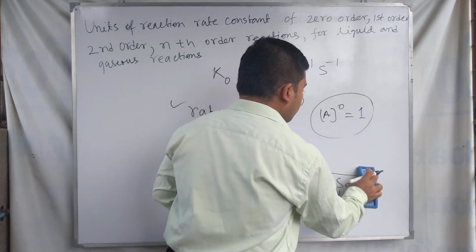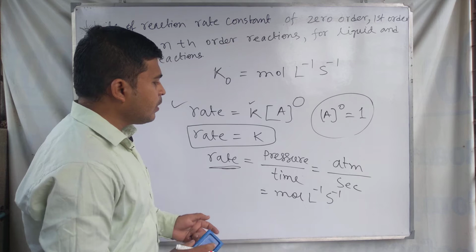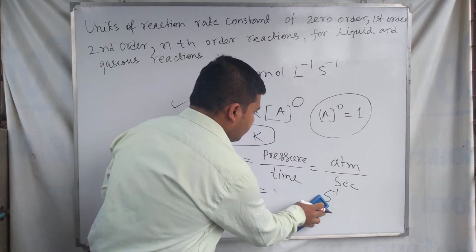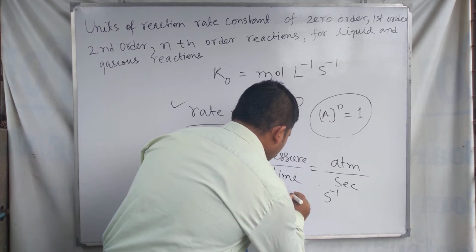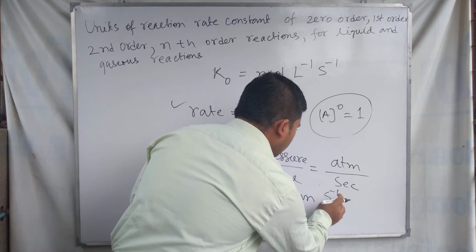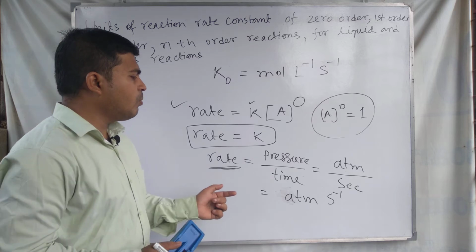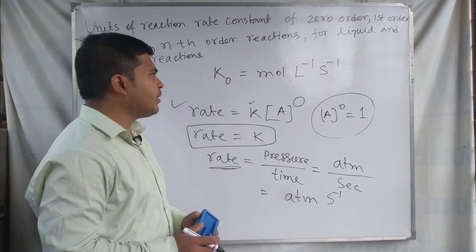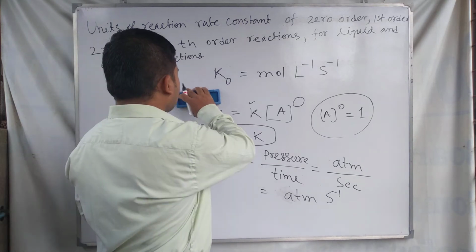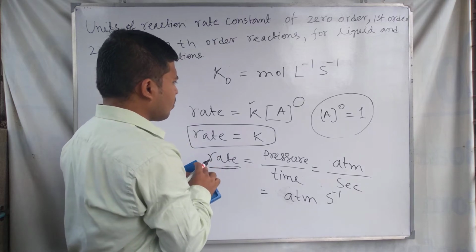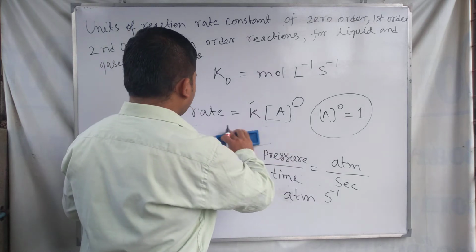If we express the unit of pressure as atmosphere, then the unit should be atm second inverse for a gaseous medium reaction. We separately write two equations.